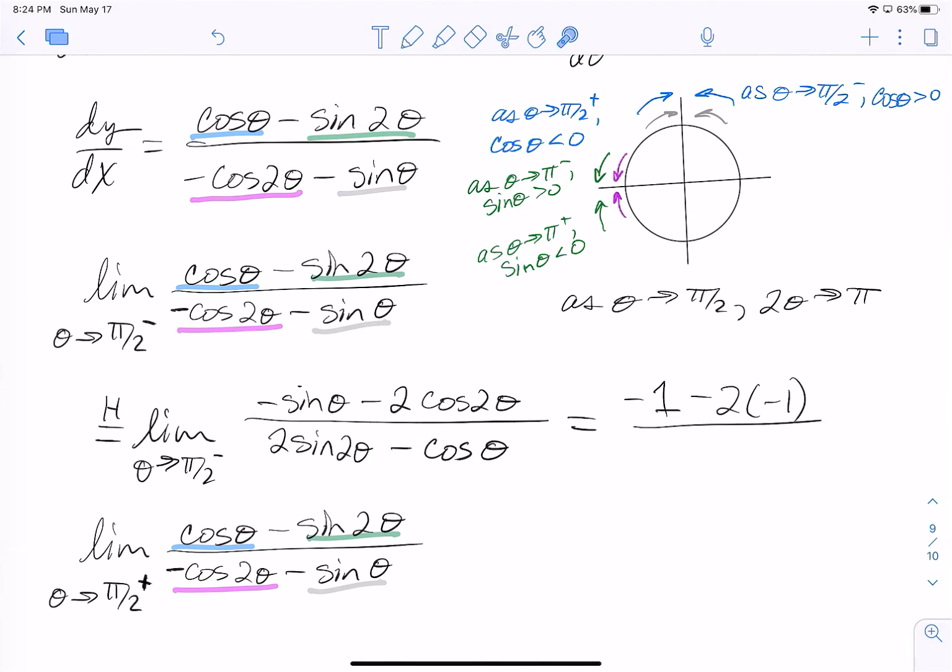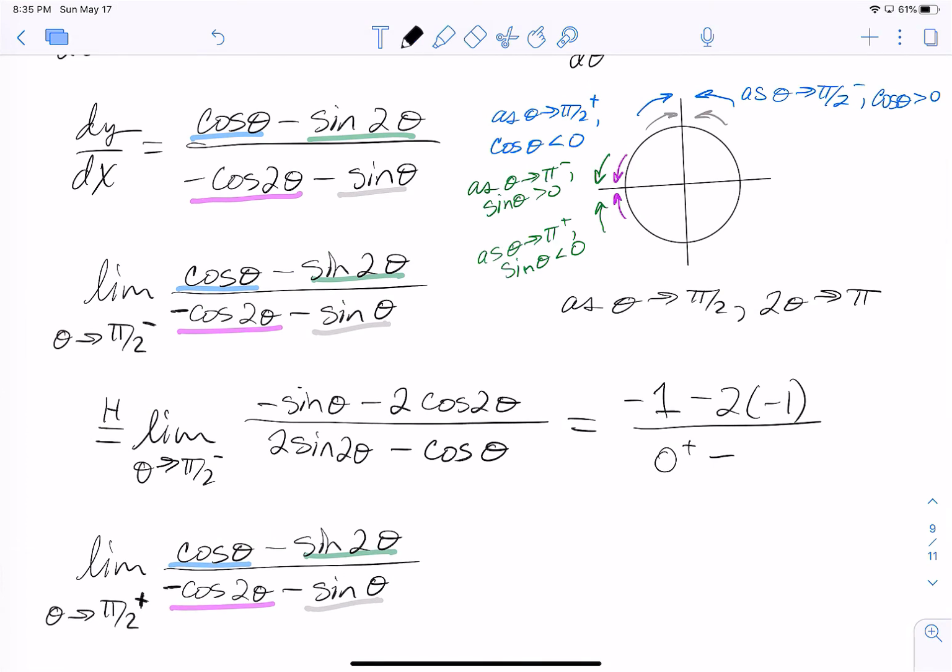So we end up with, in the numerator, negative 1 minus 2 times negative 1. In the denominator, as theta approaches pi over 2 from the minus side, 2 theta approaches pi, so 2 times the sine of 2 theta actually approaches 0 from the positive side. Remember, that's coming from the second quadrant. Minus the cosine of theta, as theta approaches pi over 2 from the minus side, is approaching 0 also from the positive side.